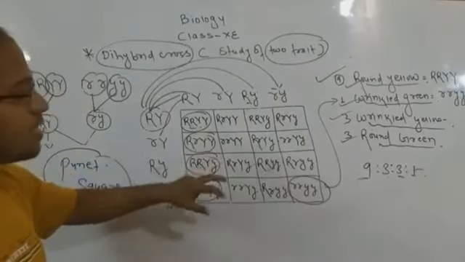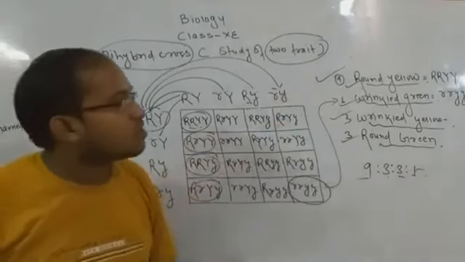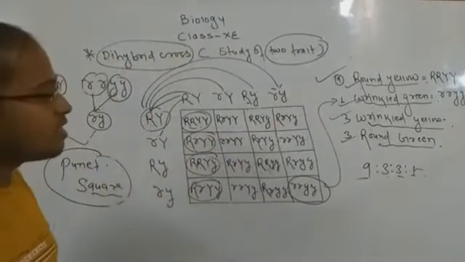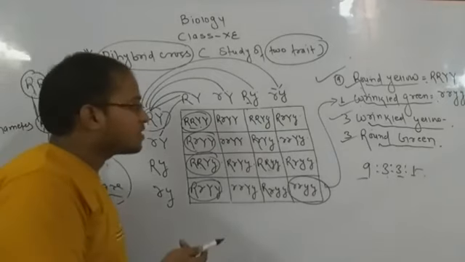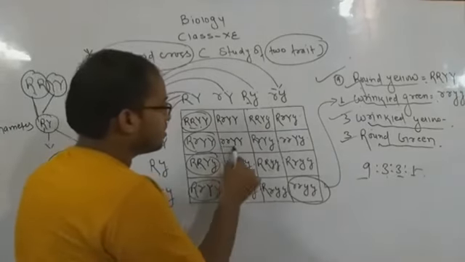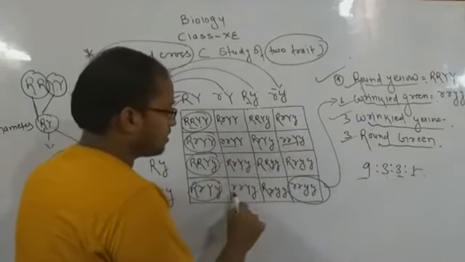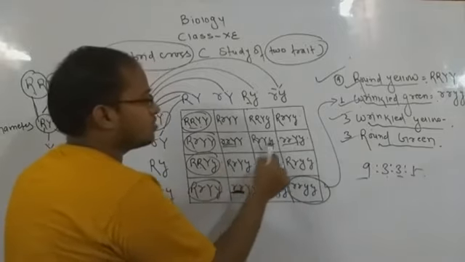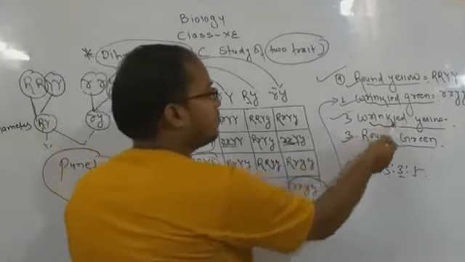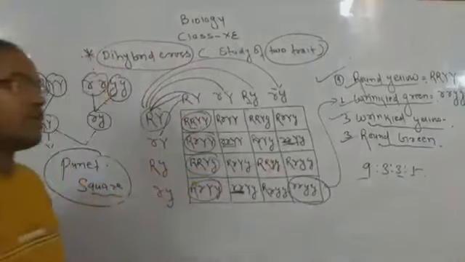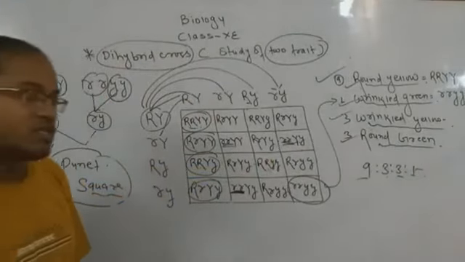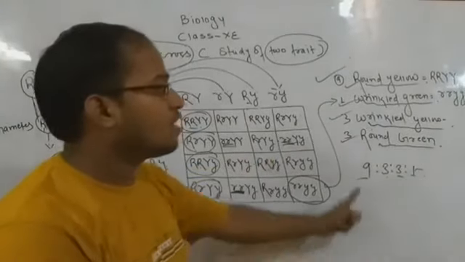All the characters that were capitals are called round yellow. In wrinkled, R is always expressed in a small way, like this 1, 2 and 3. Here rr is short. So this is your wrinkled yellow, and the remaining are round green. So this is the ratio of the dihybrid cross.